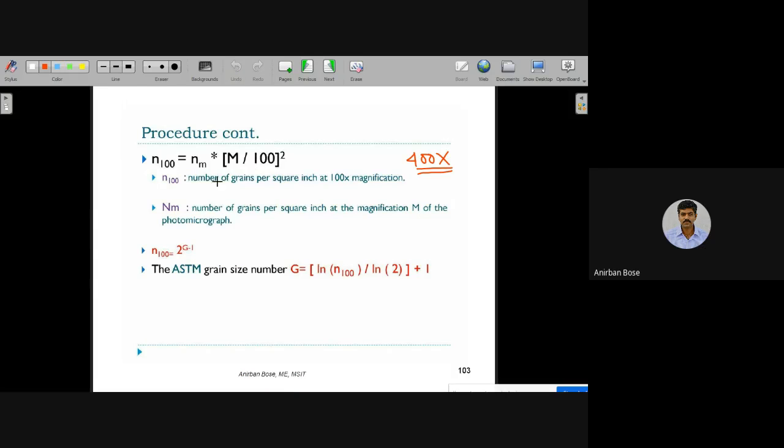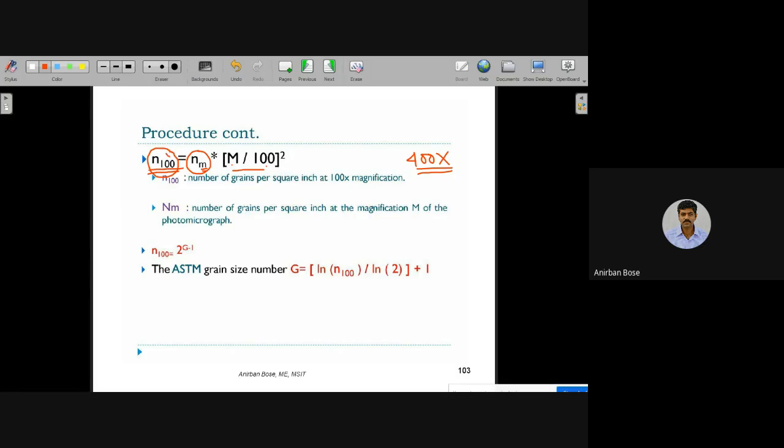You have to multiply the number of grains counted at magnification M by M divided by 100, whole square. Then it will be converted into n, the count at 100 magnification.